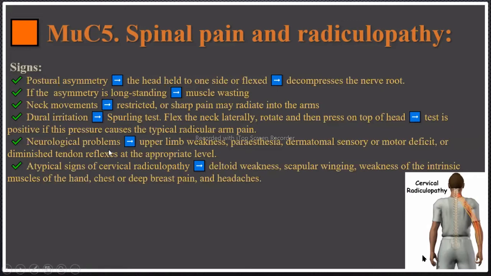Neurological problems: upper limb weakness, paresthesia, dermatomal sensory or motor deficit, diminished tendon reflexes at the appropriate level. Atypical signs of cervical radiculopathy: the patient has deltoid weakness, scapular winging, weakness of intrinsic muscles of the hand, chest or deep breast pain, headache. So these are atypical signs, not typical.